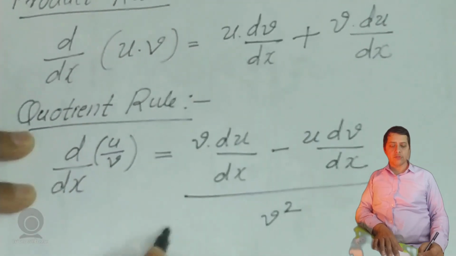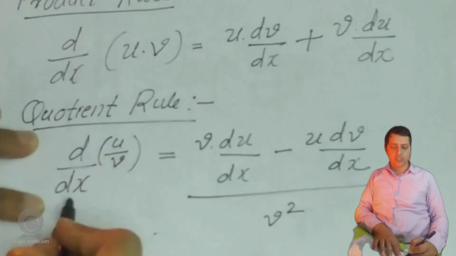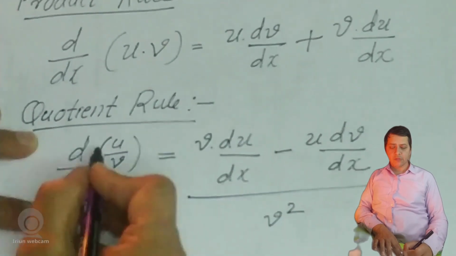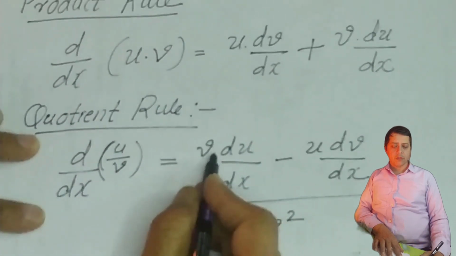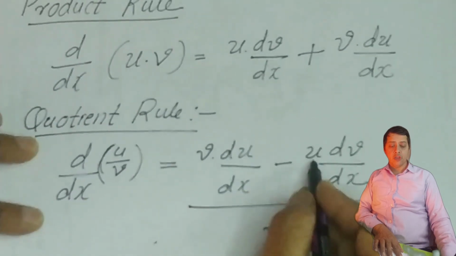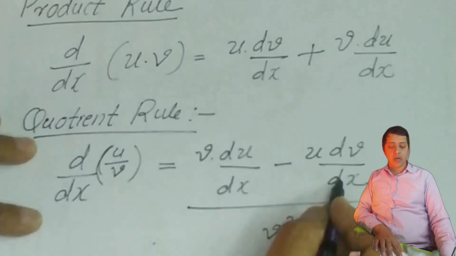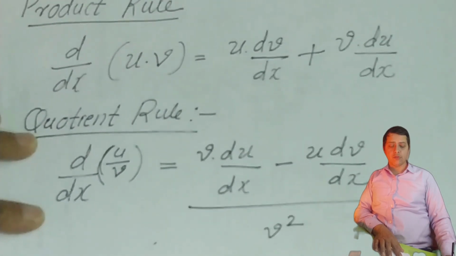So this is called quotient rule. We always try to make these functions in this format first, and once we have a format like this, then we go with v into du by dx minus u into dv by dx over v square. This is called quotient rule.